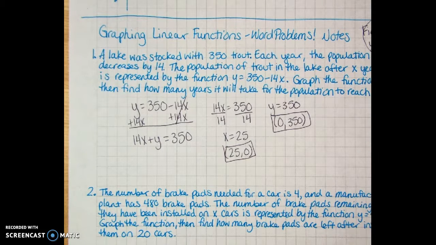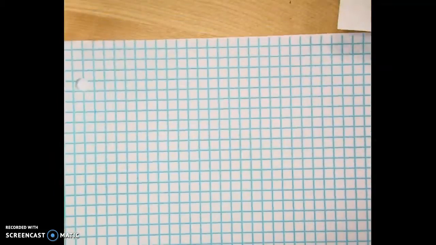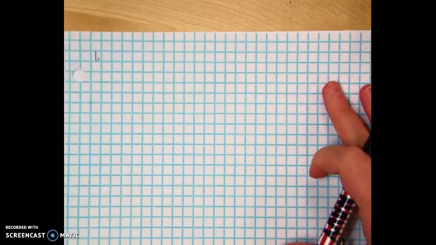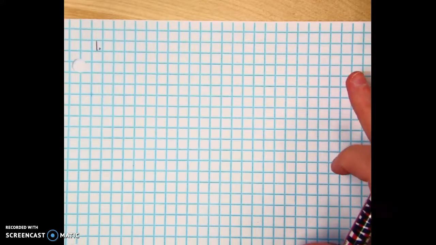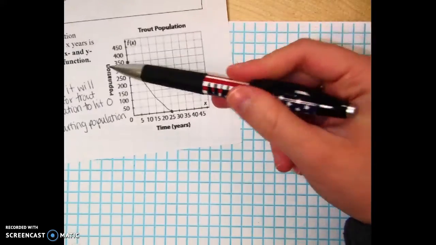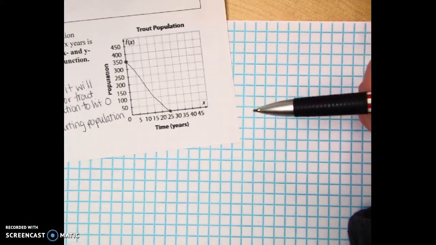Okay, now we're going to graph it. I don't have enough space on my paper to graph, so I have another piece of paper. And this problem actually came off of a worksheet that I have, and I'll show you the problem here. It goes by 50s on the y-axis, and it goes by 5s on the x-axis.